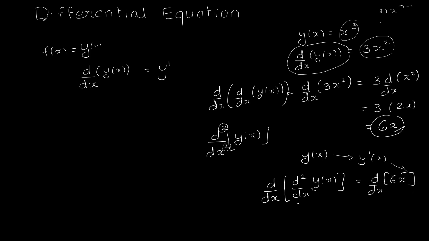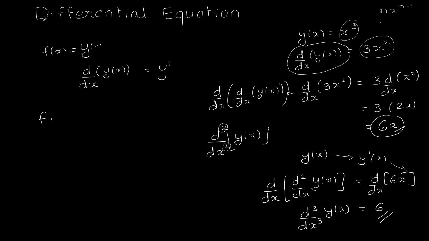So d by dx of 6x will be 6. And you represent this as d cube by dx cube y of x. That is, for this y of x you have differentiated 3 times and you have got 6. That's why this is called the third order derivative.